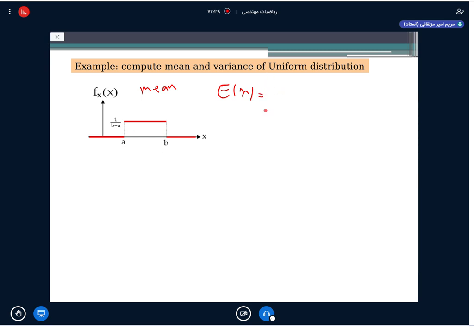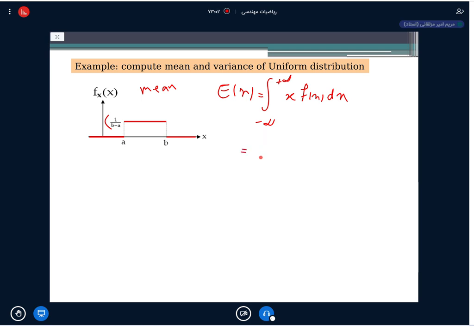So we should compute this integral. But as you can see from this plot, the PDF function is equal to this value only in the interval between A and B. Otherwise, the PDF is equal to 0.